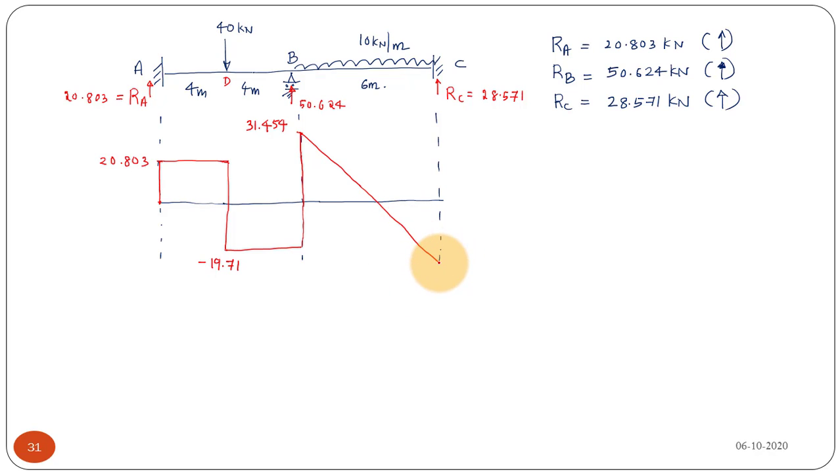So finally it will come to this point. What is the value at this point? It is 31.454 minus the total load due to the UDL, that is 60. So you will get minus 28.546 at this point.